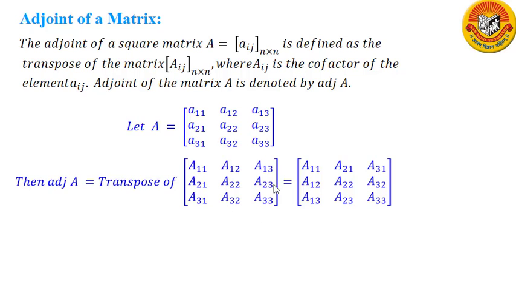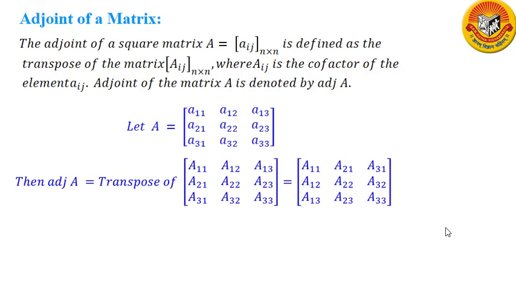Now I have to transpose this, that means I have to change rows into columns. So I write A11, A12, A13 column wise, A21, A22, A23 column wise, and capital A31, A32 and A33 column wise. So this is how we calculate adjoint of A.